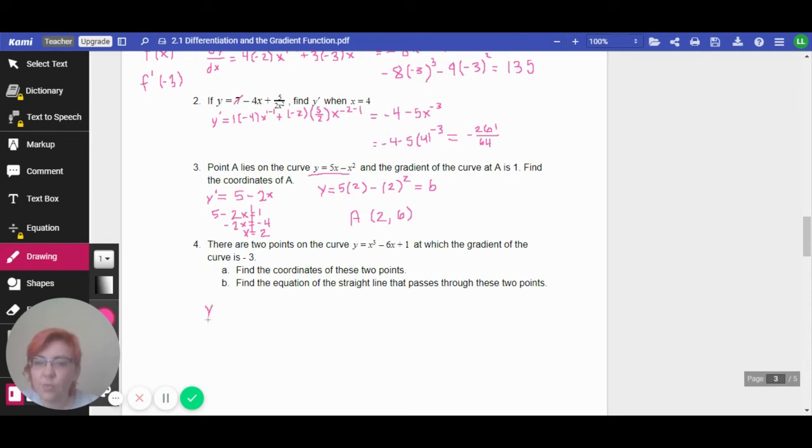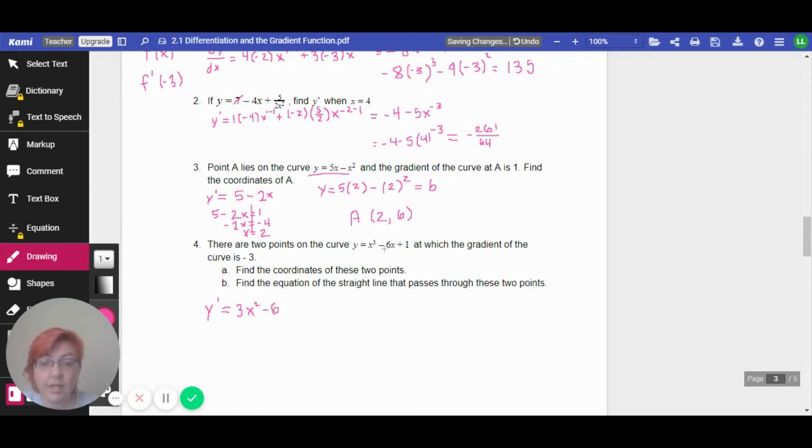And that is y prime equals. My n is 3, and my a is 1. 3 times 1 is 3. And then I have x to the 3 minus 1, which is 2. My n is 1, my a is negative 6. 1 times negative 6 is negative 6.